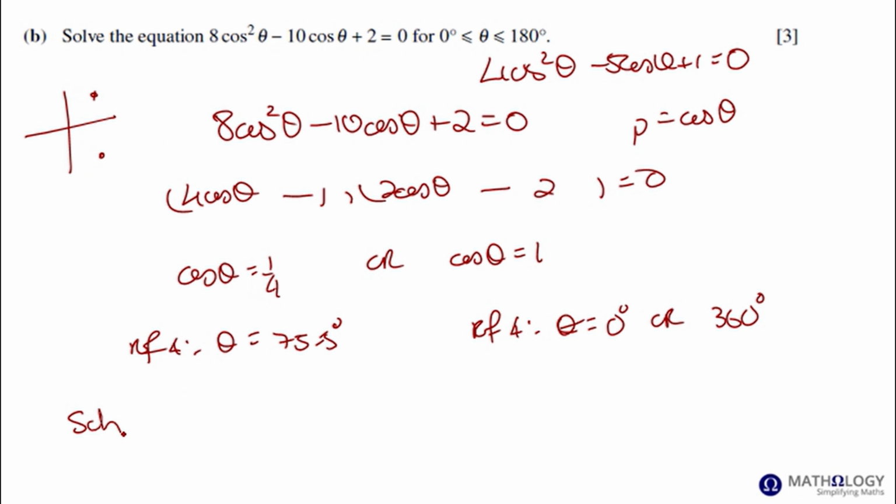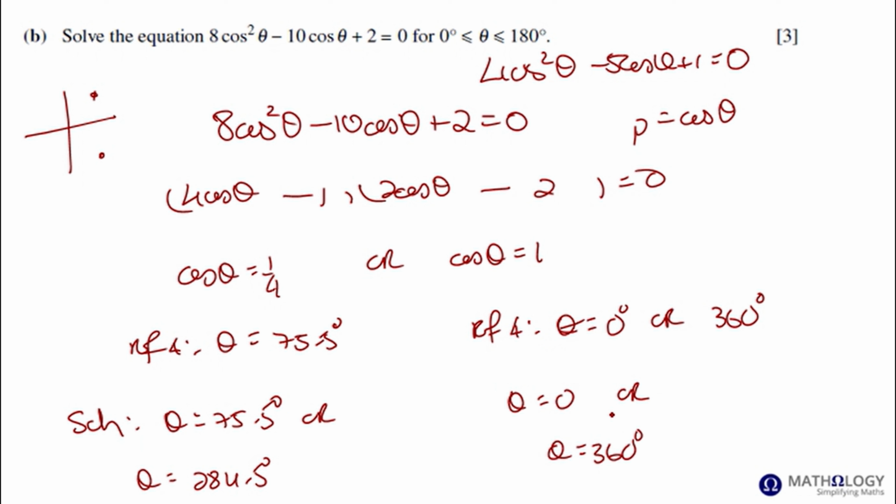So the solution to cos theta equals a quarter, theta is 75.5 degrees or 360 minus 75.5, 284.5 degrees, and theta equals 0 or theta equals 360 degrees for cos theta equals 1. So these are your 4 solutions.